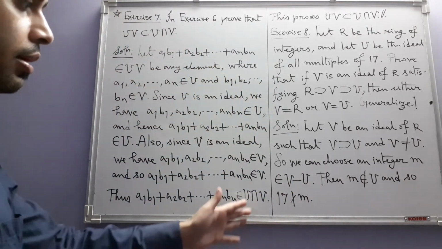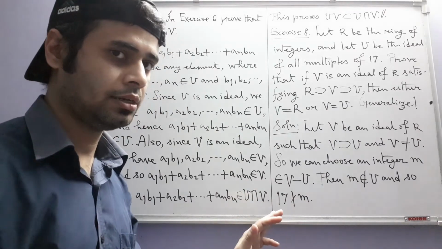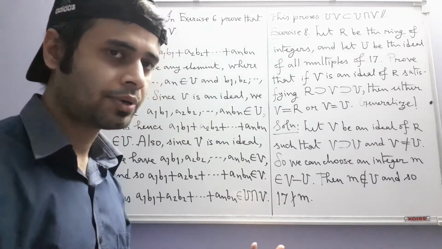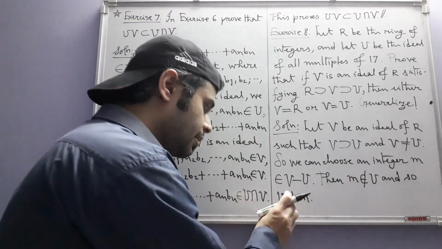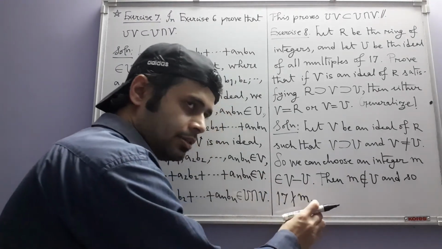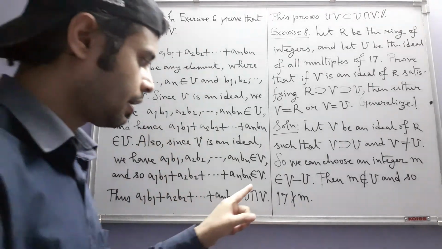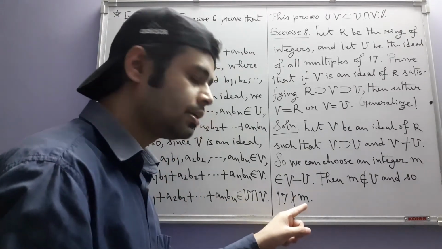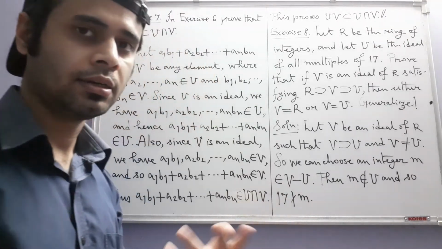Now note that this number 17 is a prime number. If we are given a prime number and another integer, then exactly two things can happen. Either the prime number divides the integer, or the prime number and the integer are relatively prime.